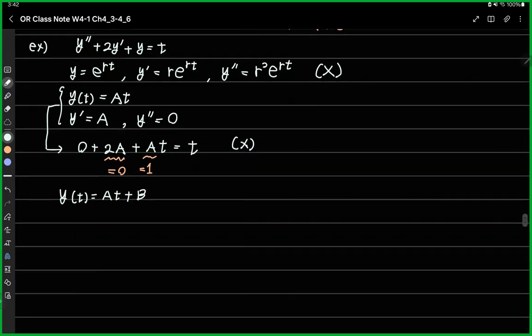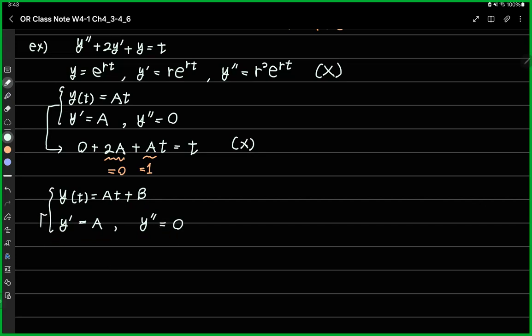The reason we got only one undetermined coefficient before is that we defined a single term with one undetermined coefficient. So now we got two undetermined coefficients. Then we find y prime, which is a, and y double prime is 0.